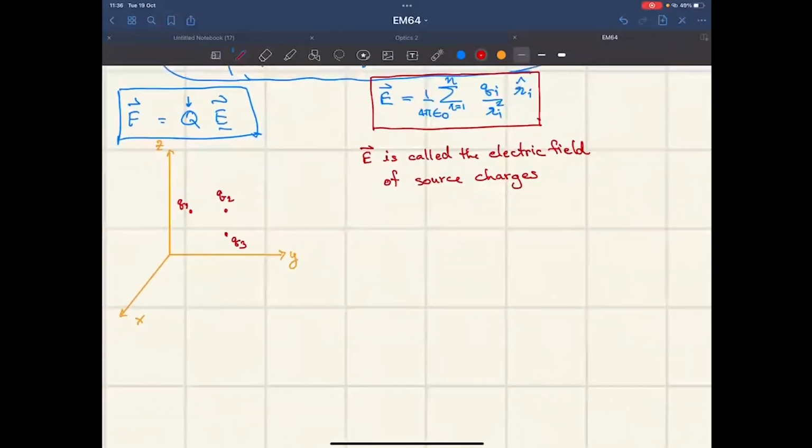And we want to find the electric field over here. This is where we want to find the electric field. Let me move it a little bit down here. It is P here.